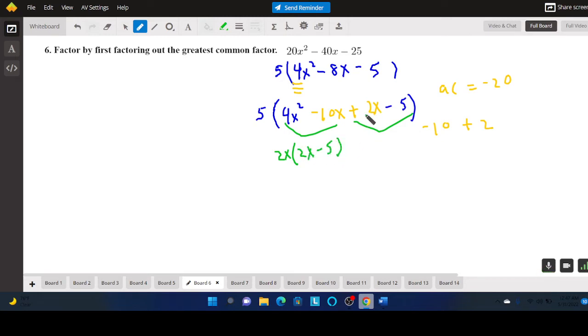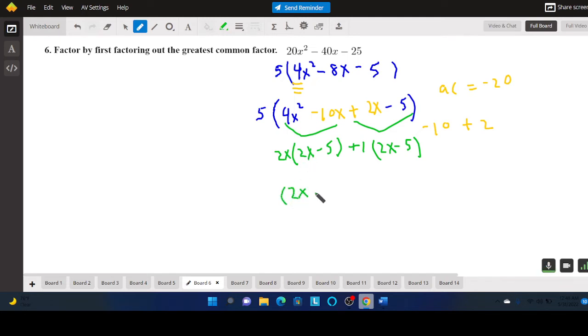Factoring the back pair together, they have a 1 in common, so positive 1 gets factored out, and that will leave a 2x minus 5. So each result has 2x minus 5 in the parentheses.